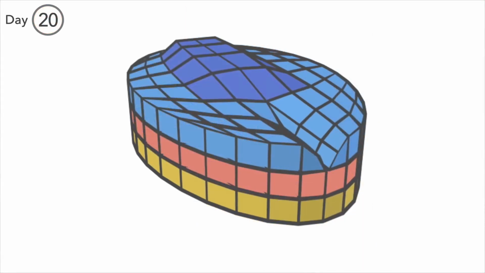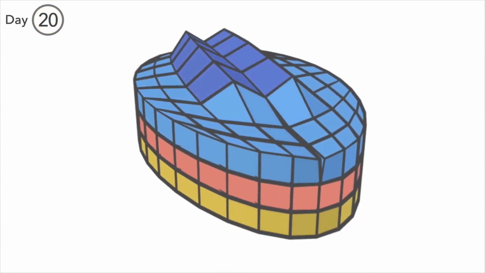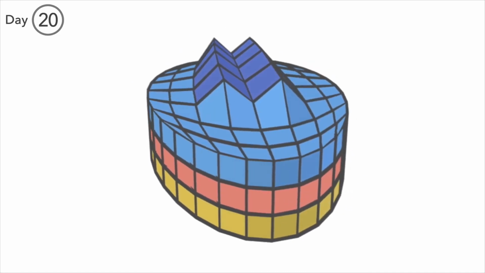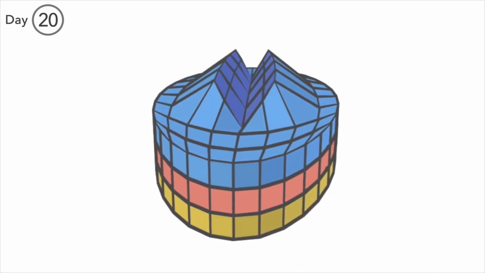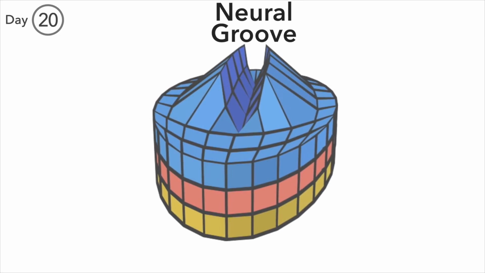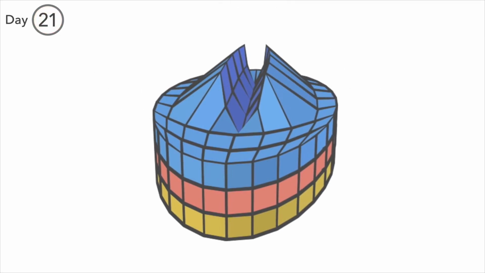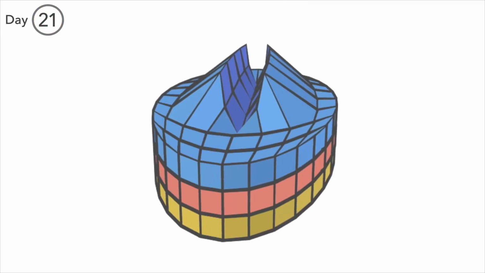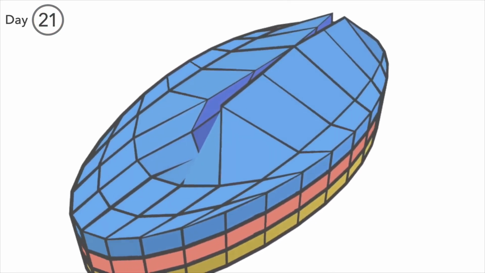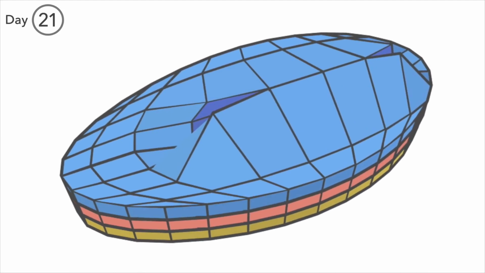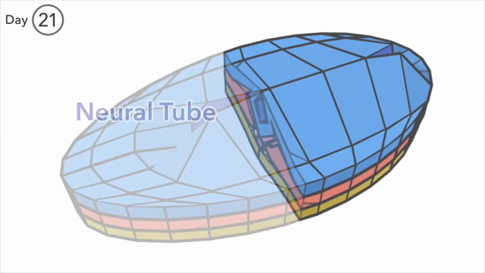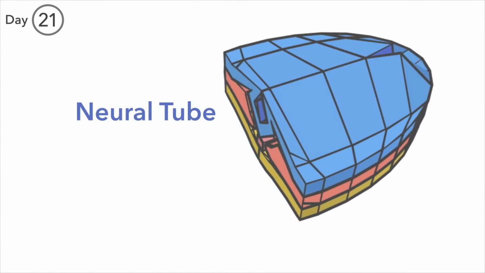Day 20. The neural plate has begun buckling in the midline. We call this dip the neural groove, and the mounds either side the neural folds. Day 21. These folds progress toward each other and begin to fuse in the centre around day 21. Where they have fused, they form a hollow cylinder underneath, which is the neural tube, the very beginning of the central nervous system.